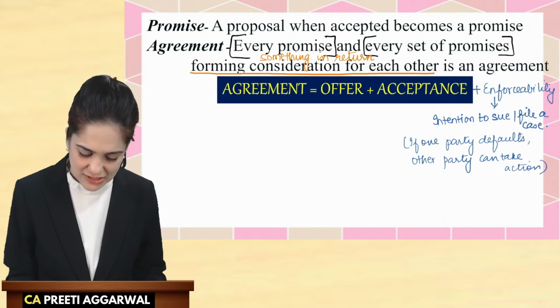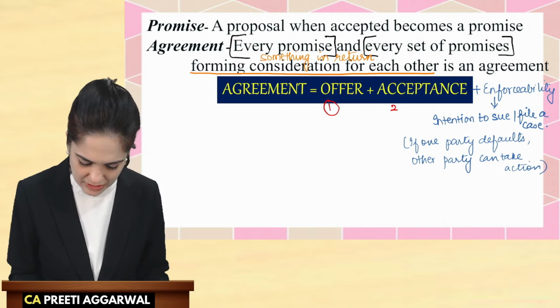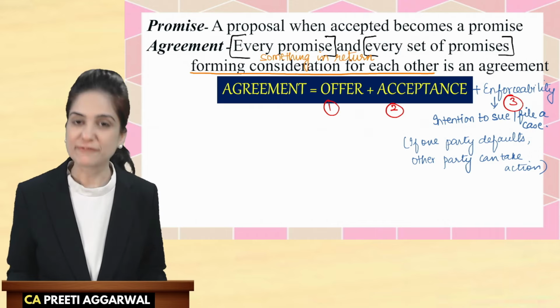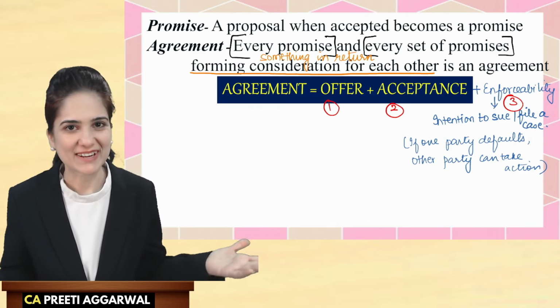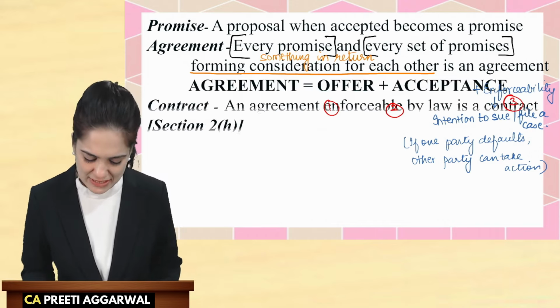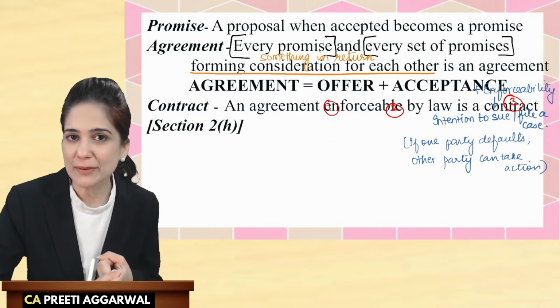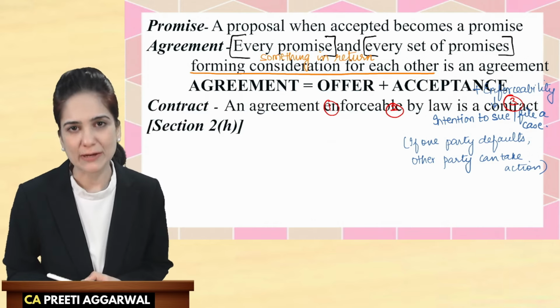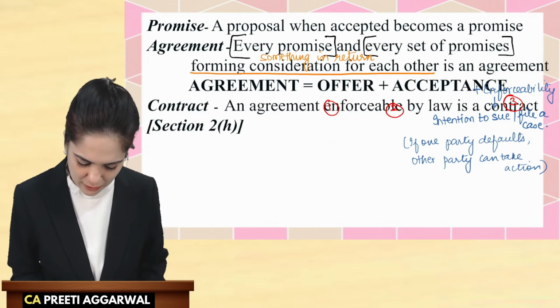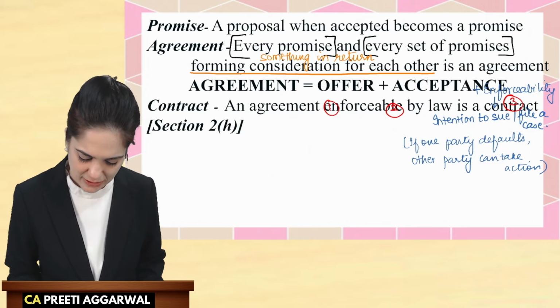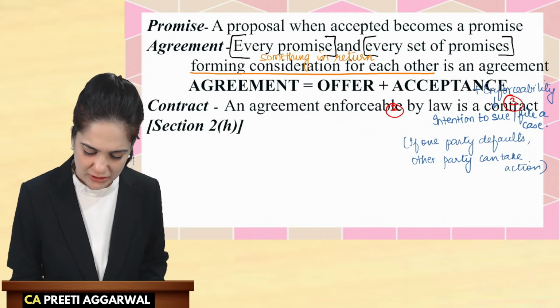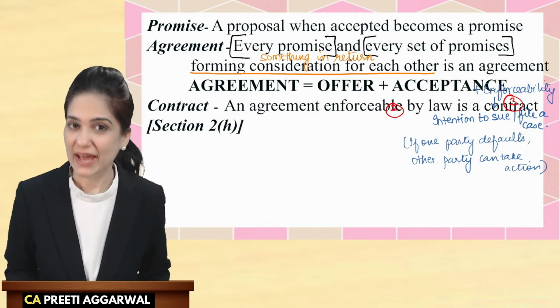When all these three elements they come together, it forms a contract. So contract is nothing but an agreement enforceable by law. Enforceable by law, it means it has the element of enforceability. If one party defaults, other party can take action.